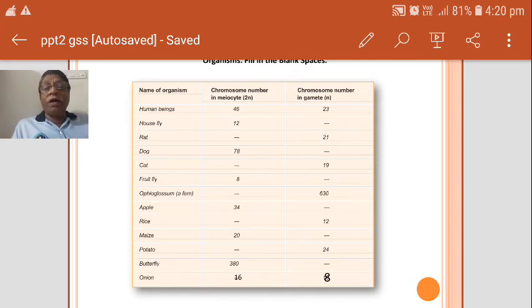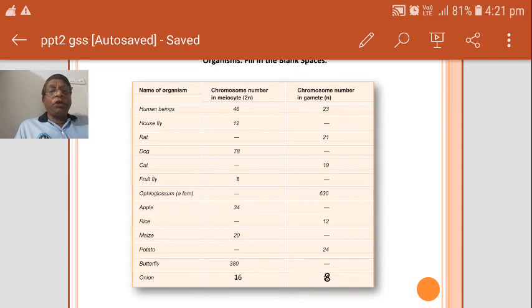In your book, it is printed as 32. It is wrong. 2n equals 16. Very important point. What about the gametes? The gametes contain only 8 chromosomes.